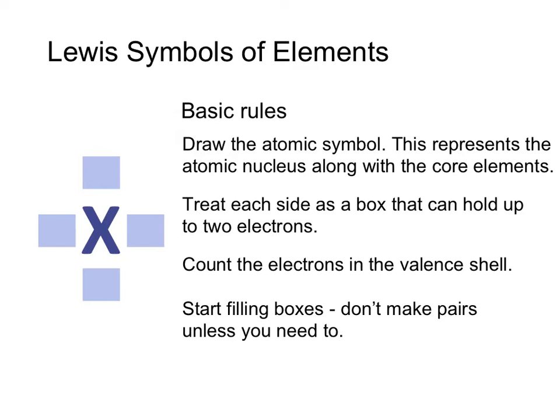And so we would start to fill in those boxes to account for any of our valence electrons. For instance, if there is only one valence electron, then we simply write 1 dot. 2 valence electrons will be 2 dots, 3 valence electrons, 3 dots, and so on.